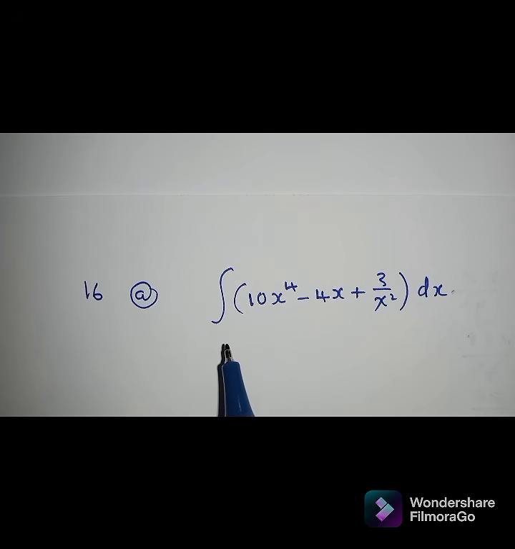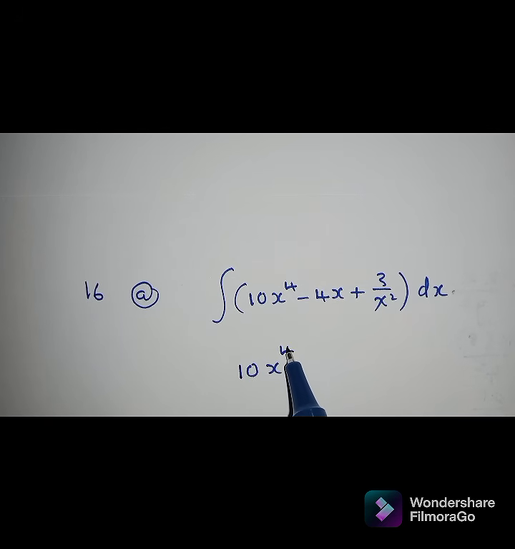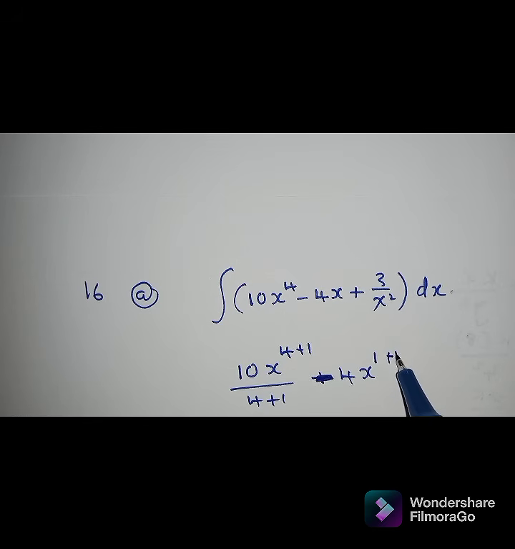So for question 16a, they want us to find the integral, this integral here. So it will just be like this, 10x, here it's a 4 plus 1 over 4 plus 1. The rule of integral, you need to add the powers. So here there is minus 4x, with power 1, so 1 plus 1 over 1 plus 1.